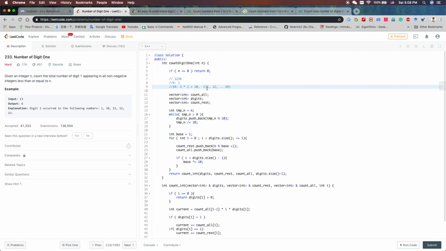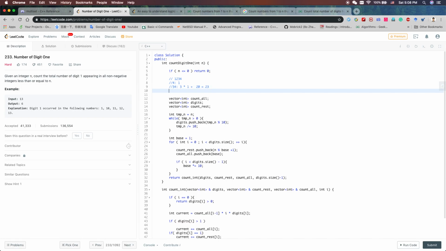They are the numbers that contain digit 1 because the digit in the second place is 1. So there are in total 10 numbers. So for 34 you will have in total 13 numbers.